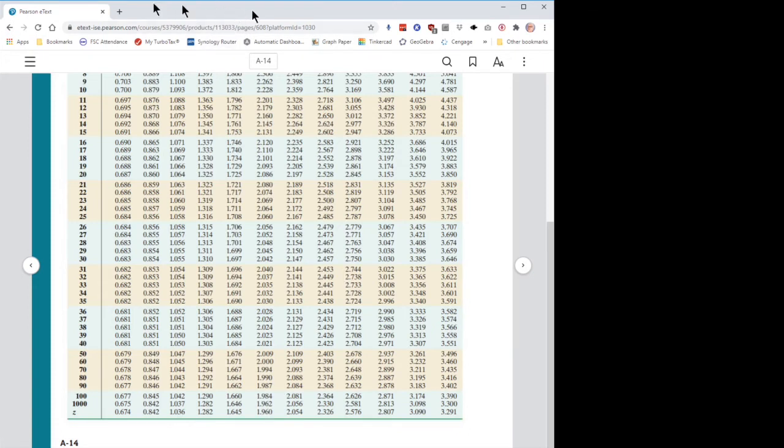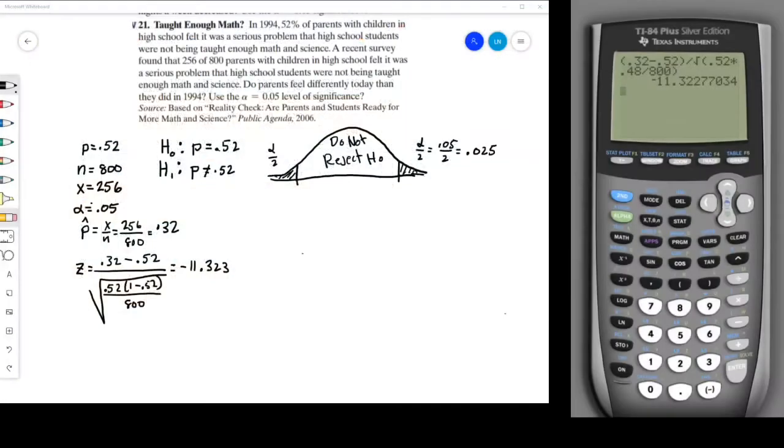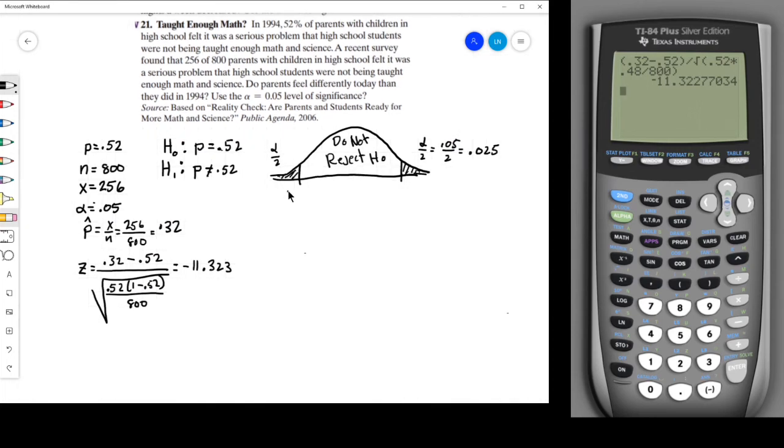So my cutoff is 1.96. That means on the left it's a negative 1.96. On the right it's a positive 1.96.